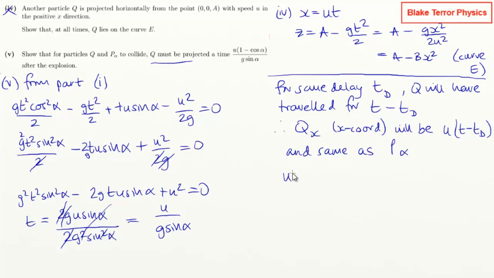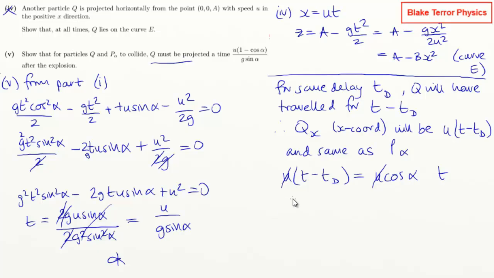So I've got that u t minus td is equal to u cos alpha times t. So we get rid of those, and we know what the time is because that's when P gets there. So it's this t.